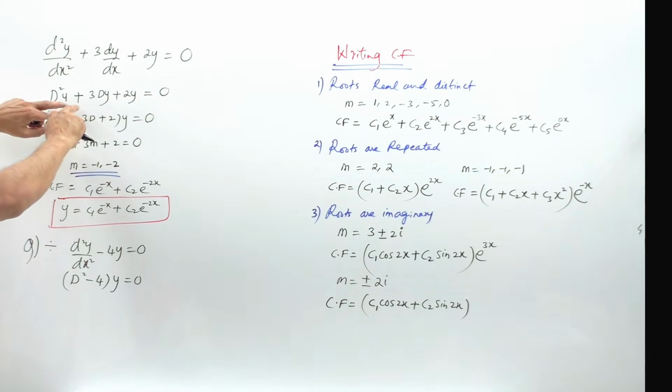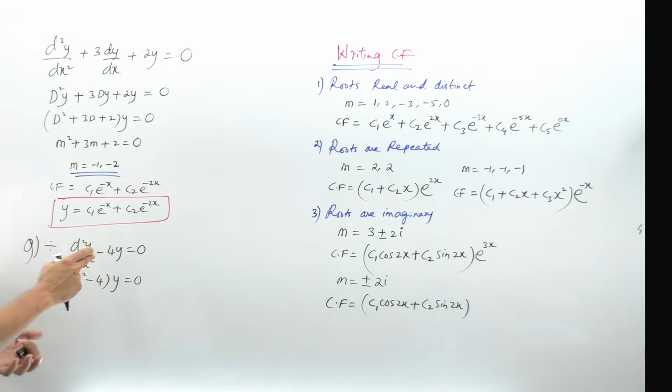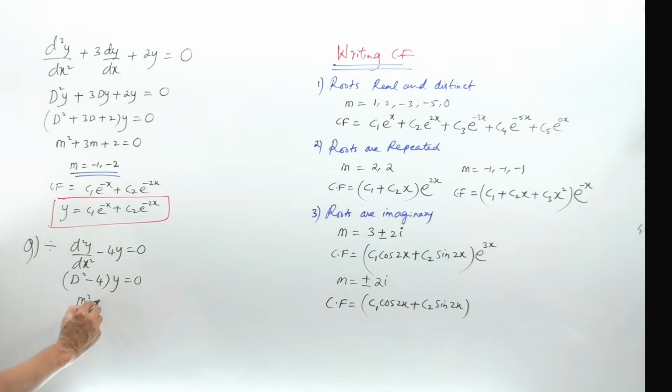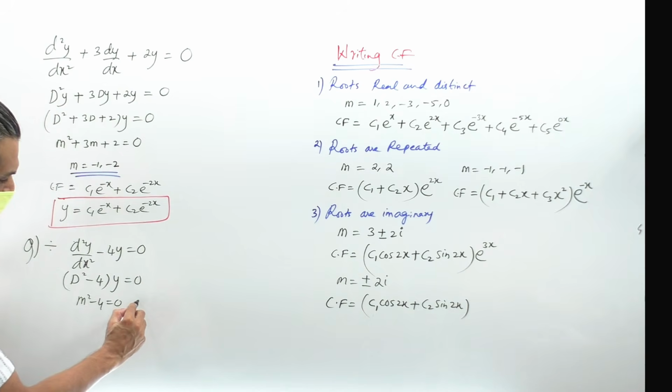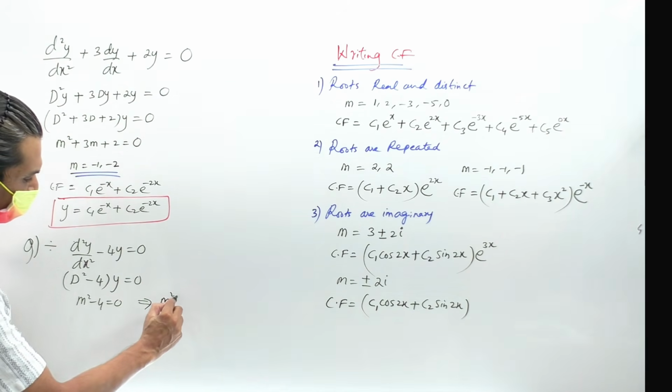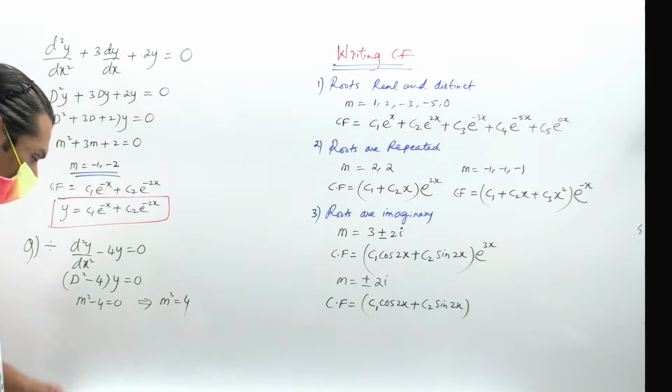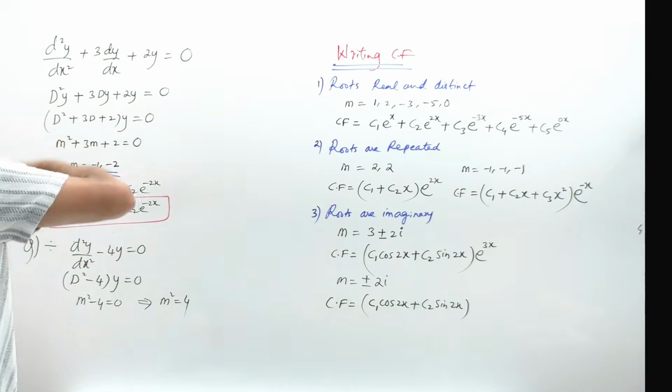I showed you the first step here. Now there is no need. Directly you can write D square minus 4, y is outside. Y is what you are solving for. So we replace D by m: m square minus 4 is equal to 0. That implies m square is equal to 4. Am I right? Take that 4 to the other side.